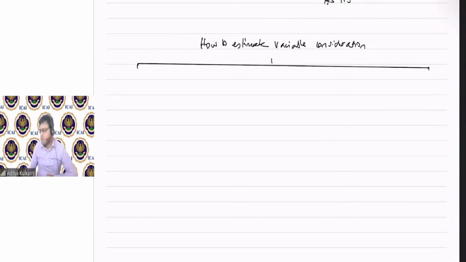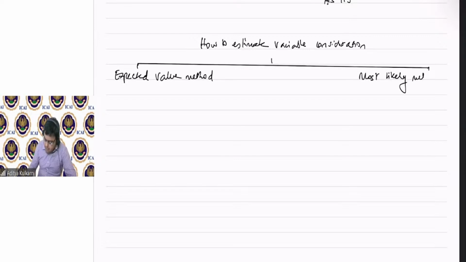First approach is the expected value method. The other one is the most likely method. Okay. So when you say expected value method, it means a weighted average probability approach.